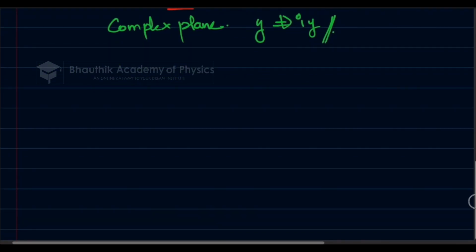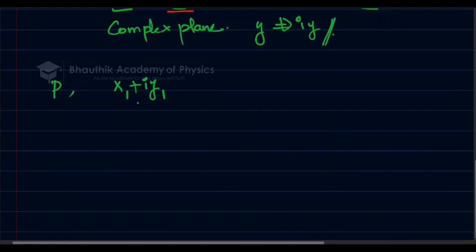So the point P, if I rewrite it over here, is now represented in terms of x1 plus iy1. Over here you can write it as c1 cos theta 1 plus i c1 sin theta 1. Let me call this equation number 4.